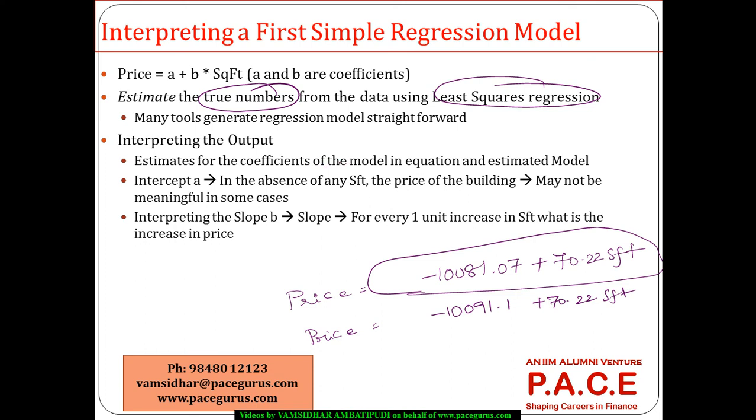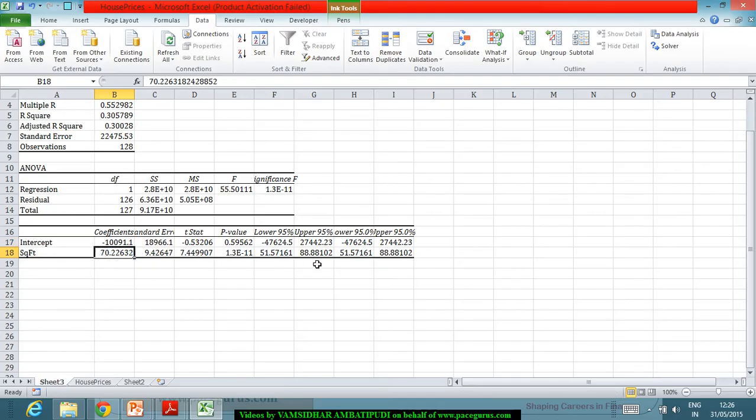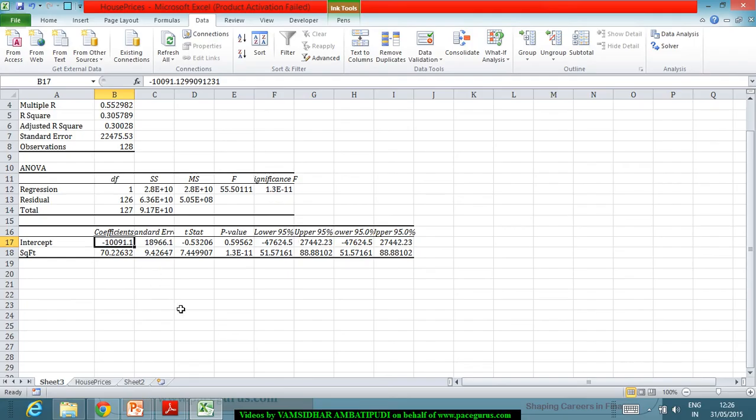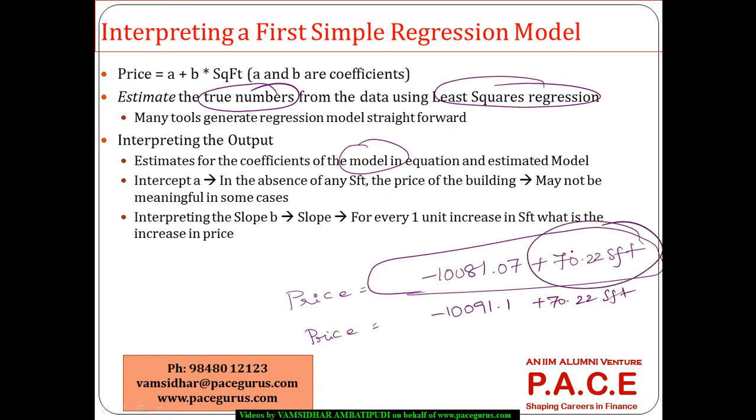The output is estimating the coefficients of the model. We are getting A, which is the intercept. So it means that if the square feet is 0, the price is minus 10,091.